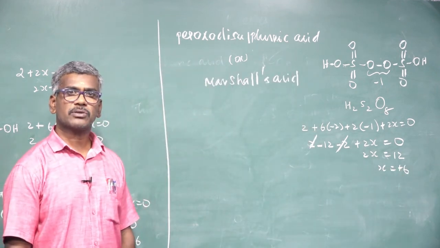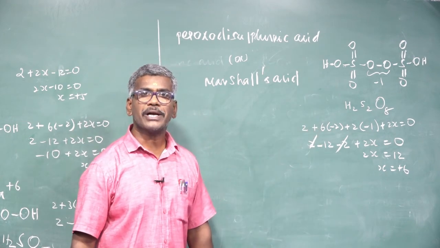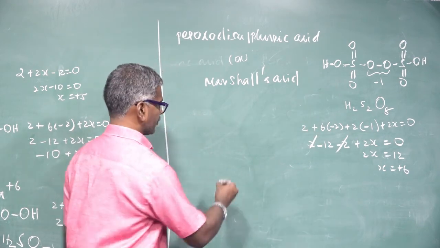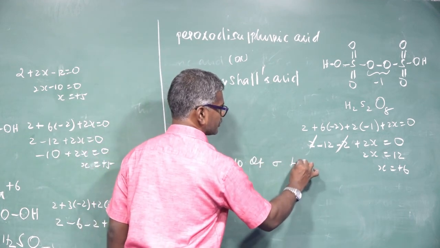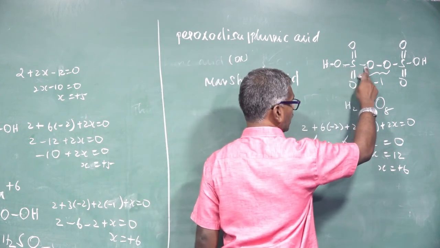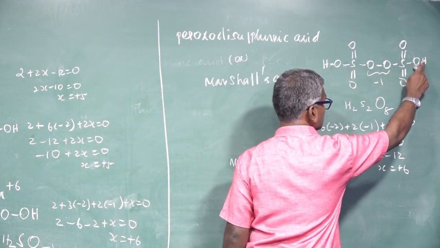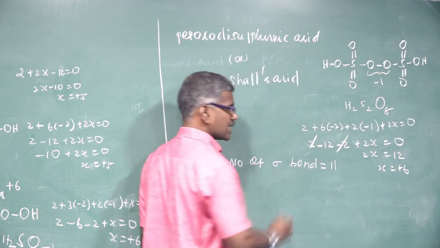One more important question. In that compound, how many sigma bonds and how many pi bonds are present? Number of sigma bonds: 1, 2, 3, 4, 5, 6, 7, 8, 9, 10, 11. 11 sigma bonds.